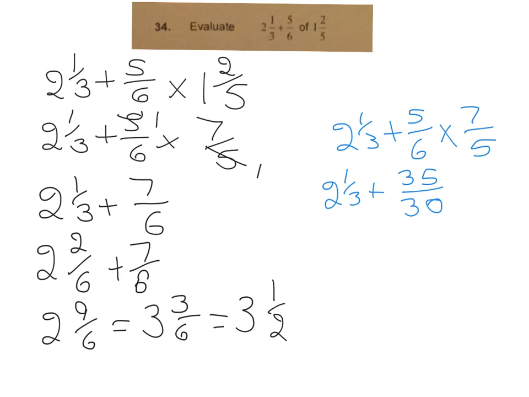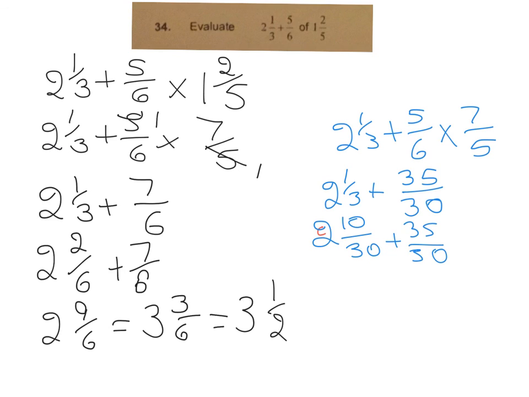The problem being the thirds. So I need to change that into 30ths. So multiply top and bottom by 10 to do that. So we are going to have 2 and 10 over 30 plus 35 over 30.